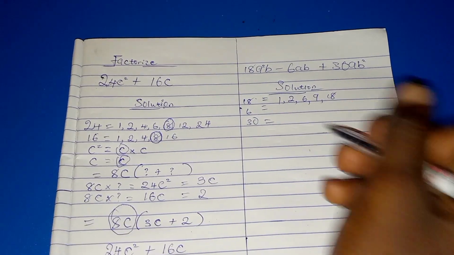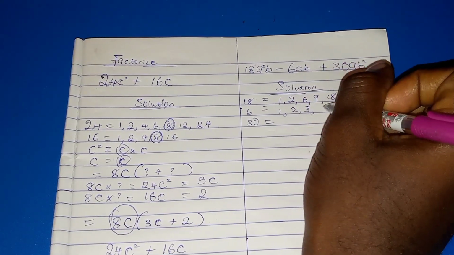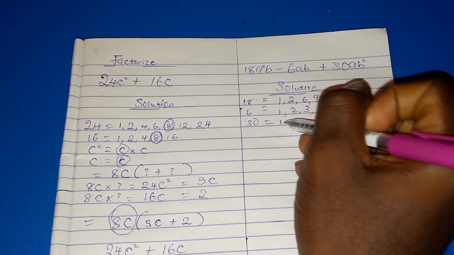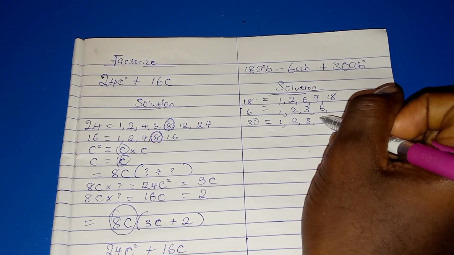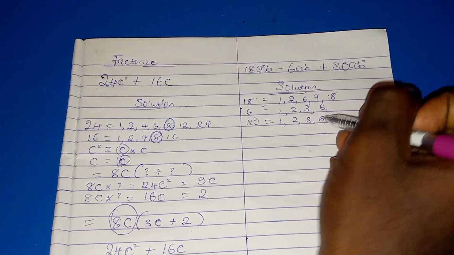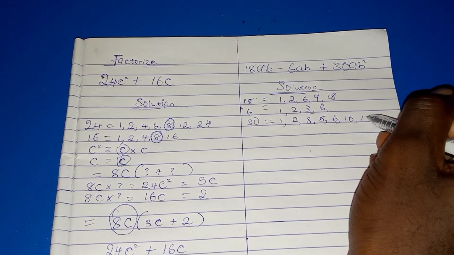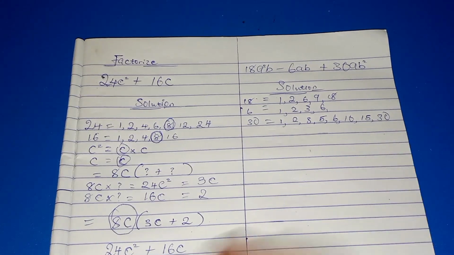The factors of 6 are 1, 2, 3, and 6. The factors of 30 are 1, 2, 3, 5, 6, 10, 15, and 30.